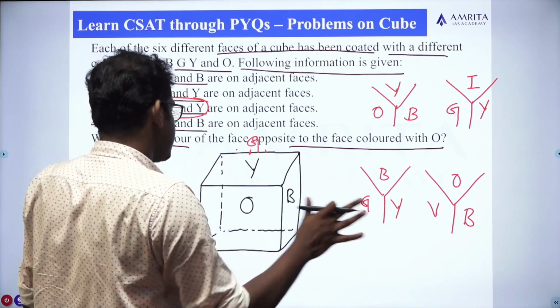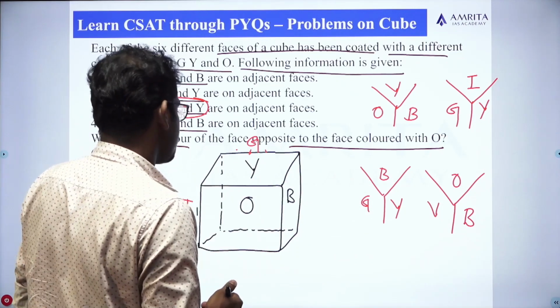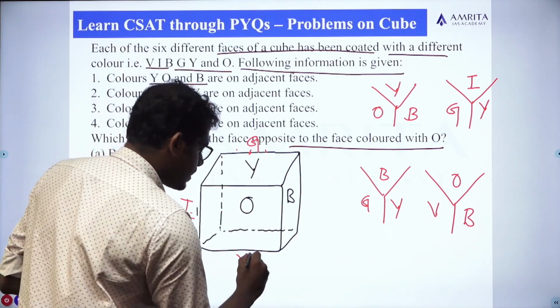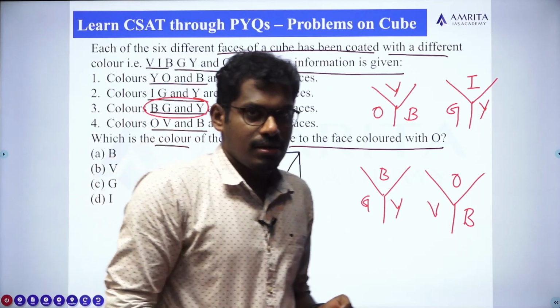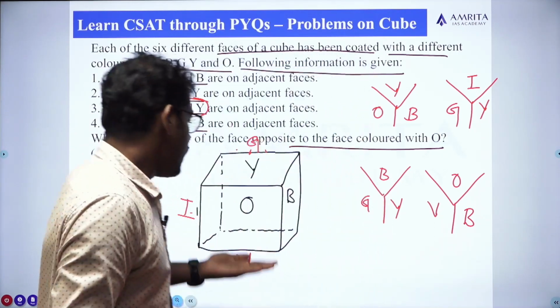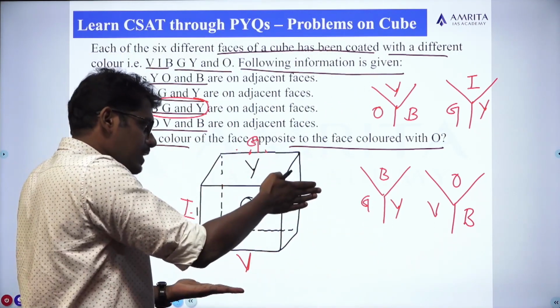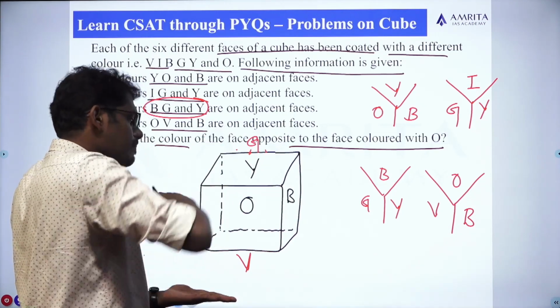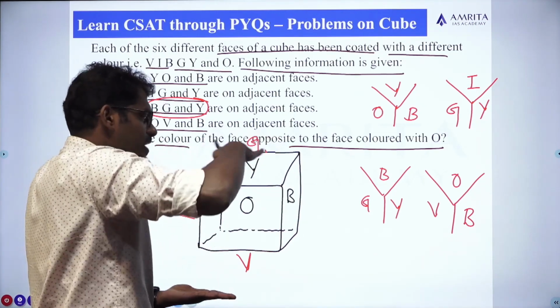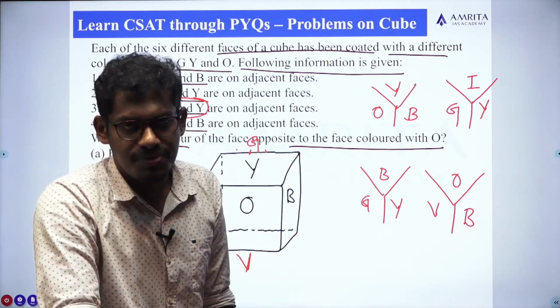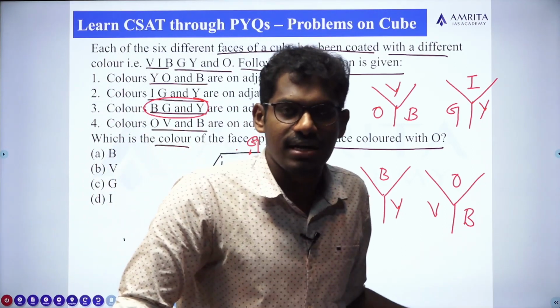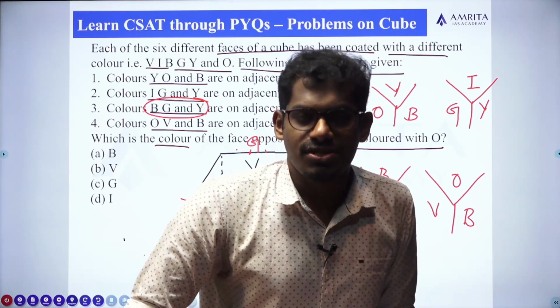Now 5 faces are okay. V is missing, so definitely V will come at the base. So the base contains V, right side B, left side I, front face O, top face Y, back face G. So these are the different colors coated on different faces of this cube.